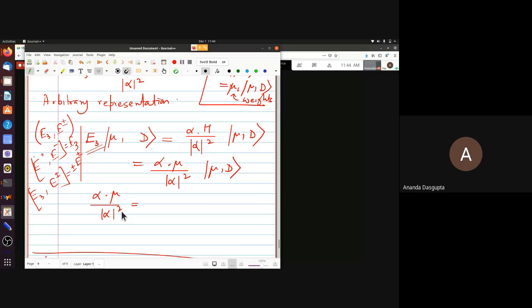You can't tell me that, but you can tell me something about it. SU2 generator, eigenvalues, what are the possible values?